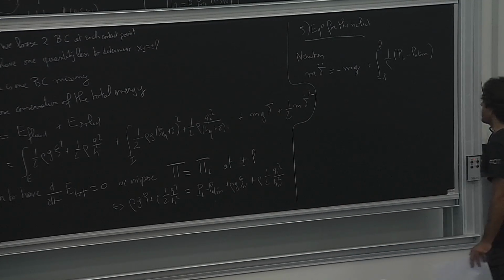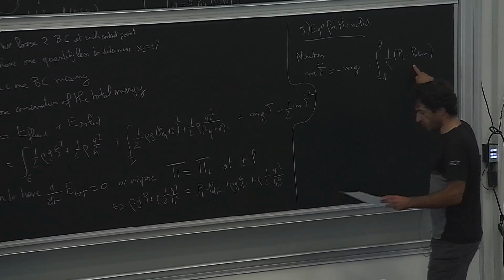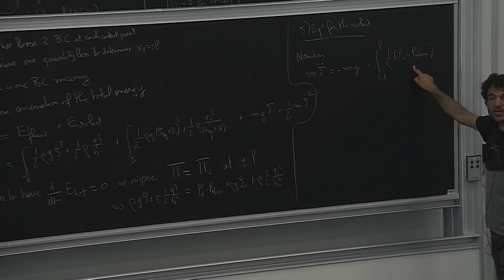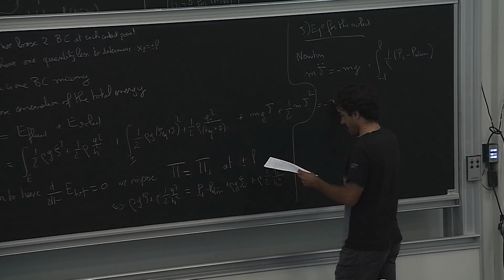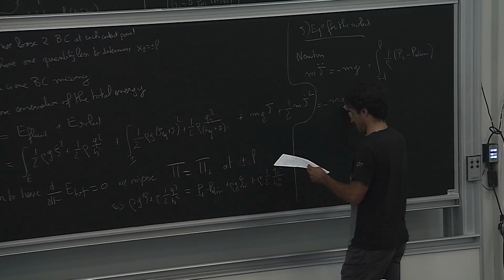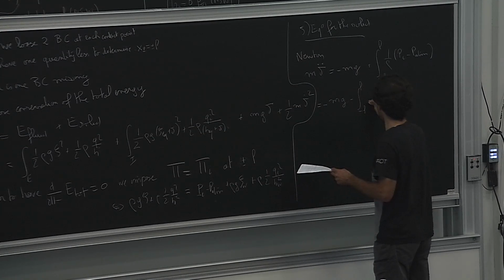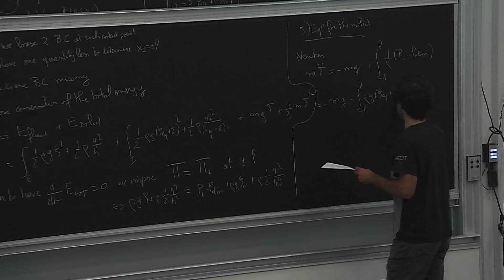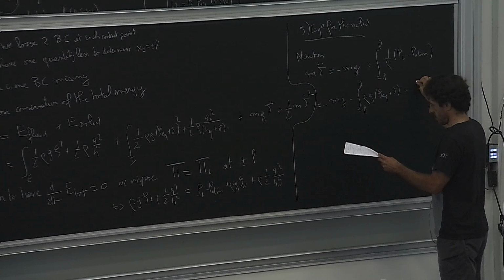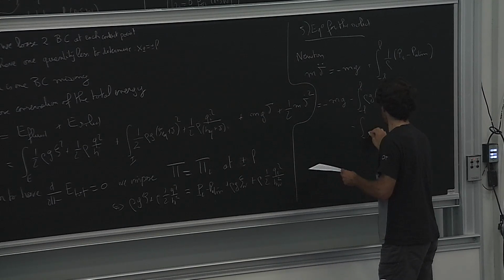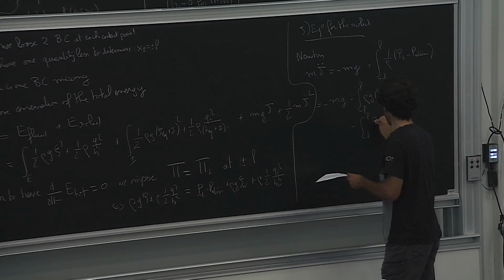Okay, and then I want to make appear my quantity pi. So I will have that it's minus mg minus the integral from minus L to L of rho g zeta e_k plus delta, minus the integral from minus L to L of rho over 2 Q squared.